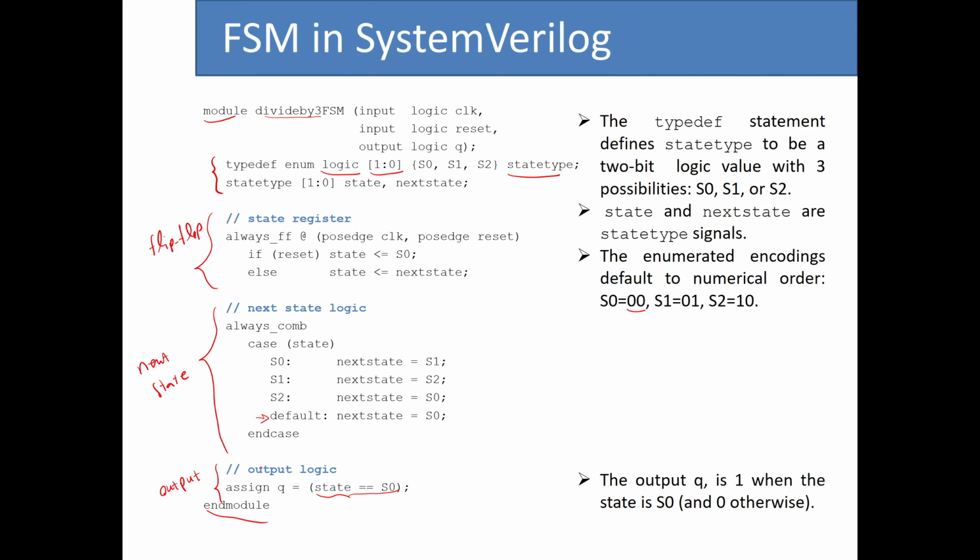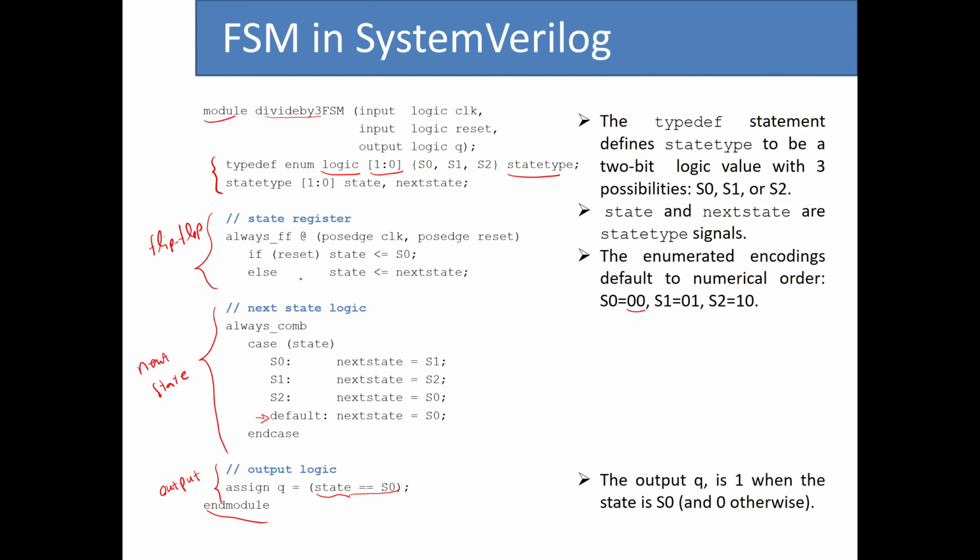One important thing to consider is that since the number of states might be different between finite state machines, you need to specify a new type that lists all the possible states and then assigns the proper encoding. And then after that, you create the current state of the system and the next state of the system using this new type that you have defined. And then the rest is going to be straightforward.